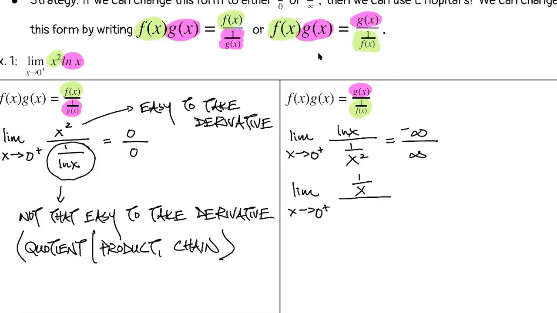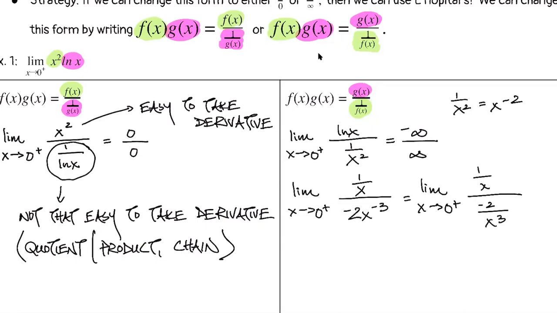But I need to think about 1 over x squared as x to the negative 2, and that's what I use to take the power rule. So it's going to be negative 2x to the negative 3, okay? And if I rewrite that as a fraction, I end up with 1 over x over negative 2 over x cubed, okay?